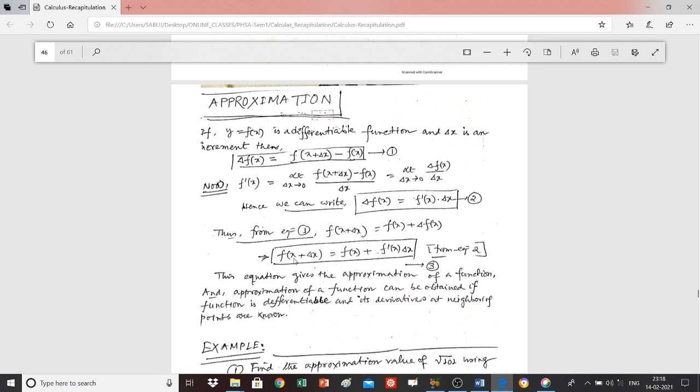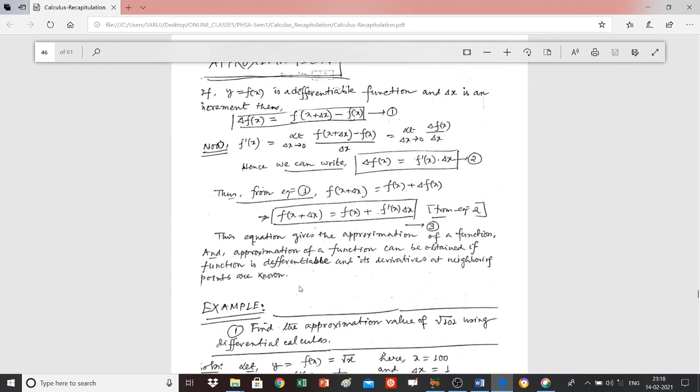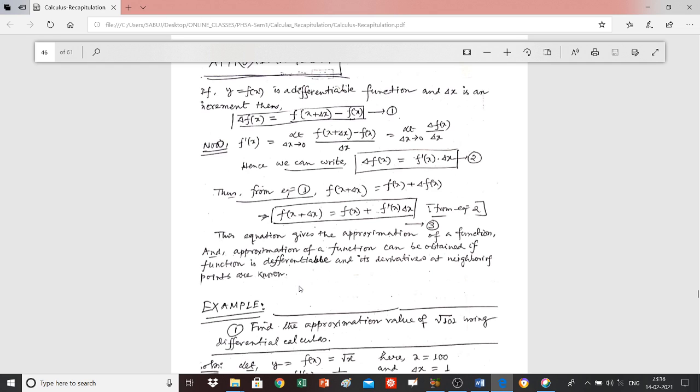Obviously you have to follow the condition that f(x) should be differentiable at a given point, and its derivative should be continuous at neighboring points. So the approximation of a function can be obtained if the function is differentiable and its derivatives at neighboring points are known.